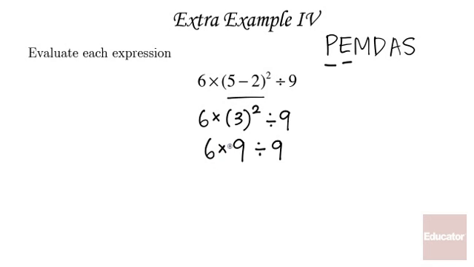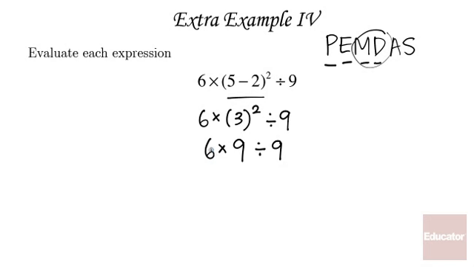Then multiplication and division right here. When we have only these two, they're actually going to be the same. There's no order for multiplication and division. Okay, so you're just going to solve out whichever comes first when it comes to multiplying and dividing. And for this problem, it just happens to be a multiplication.